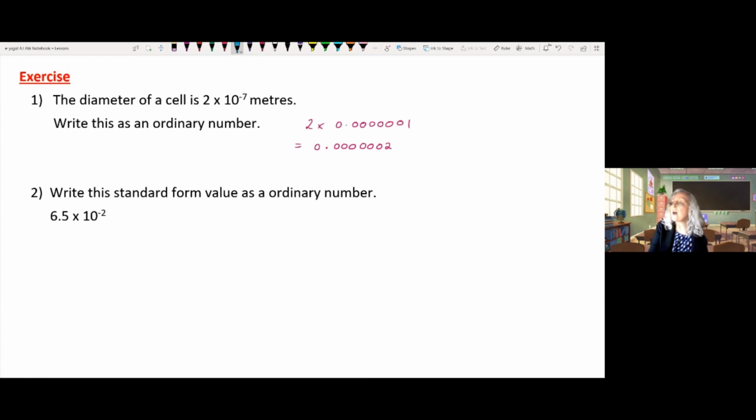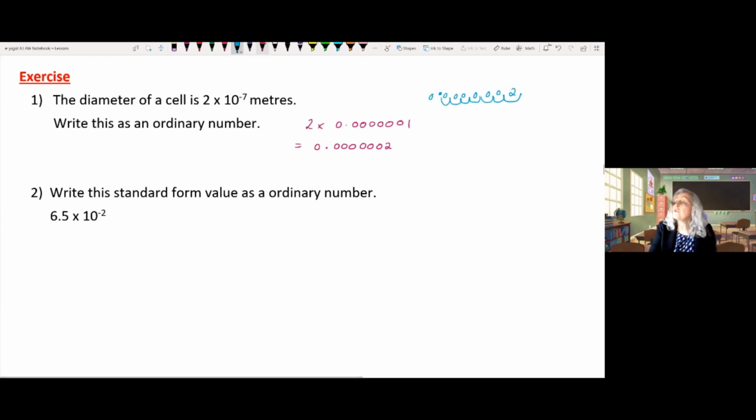And thinking about that with decimal points, I would be saying, okay, I'm starting with my decimal point here, and I need to move 7 times. 1, 2, 3, 4, 5, 6, 7 to here, and then filling in those zeros, I can see that I have got 7 in total, 1 in front of the decimal point, and then I've got another 6 after before I get to the 2.